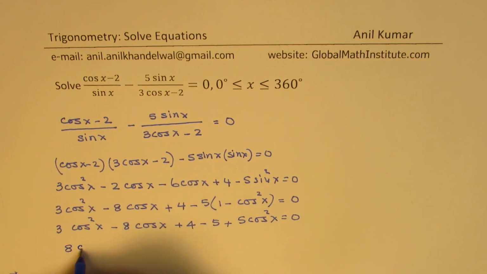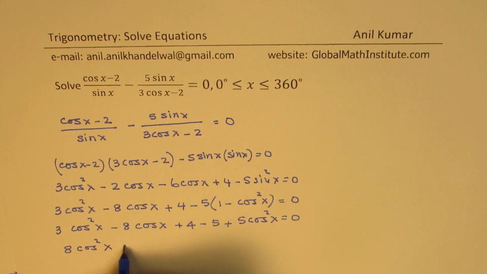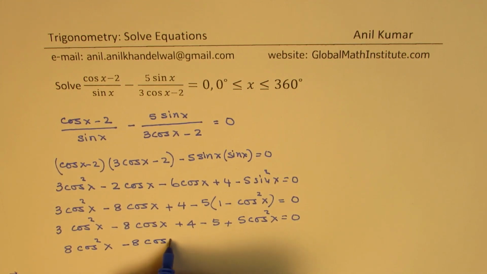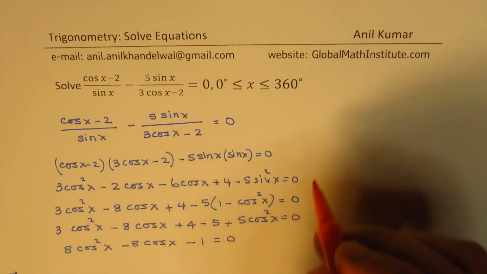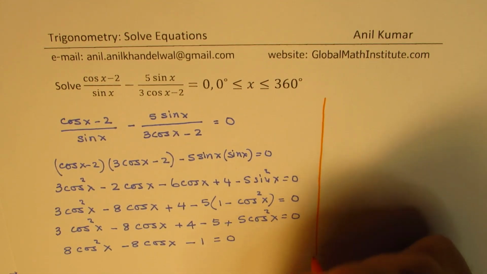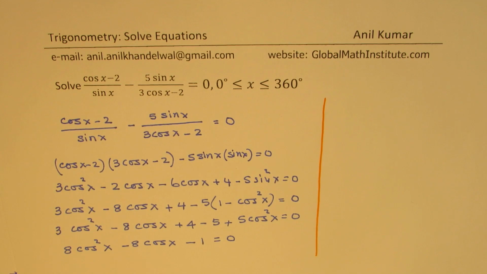So we get 8 cos square x, and we have minus 8 cos x, and that is minus 1 equals 0. So that is our equation, and let's take it to the right side and solve. So that's a quadratic equation in cosine.